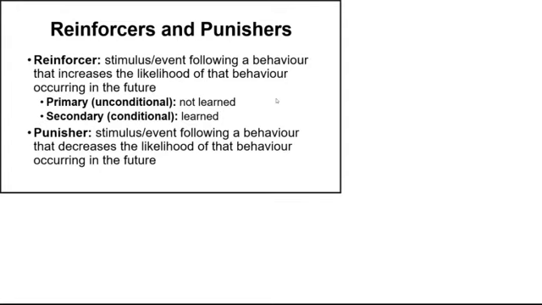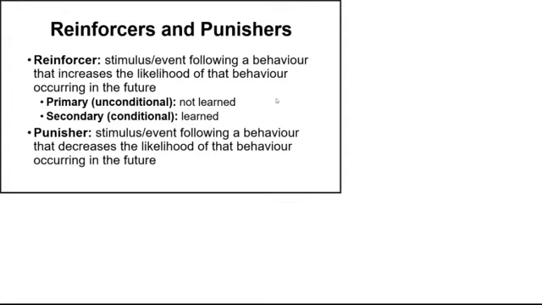We can also have what are called secondary reinforcers, and we could call these conditioned or conditional reinforcers as well, just to imply the fact that you need to learn something about them. They are not innately reinforcing, but we can come to associate them with something that's reinforcing. Money is one of the best examples of a secondary reinforcer.